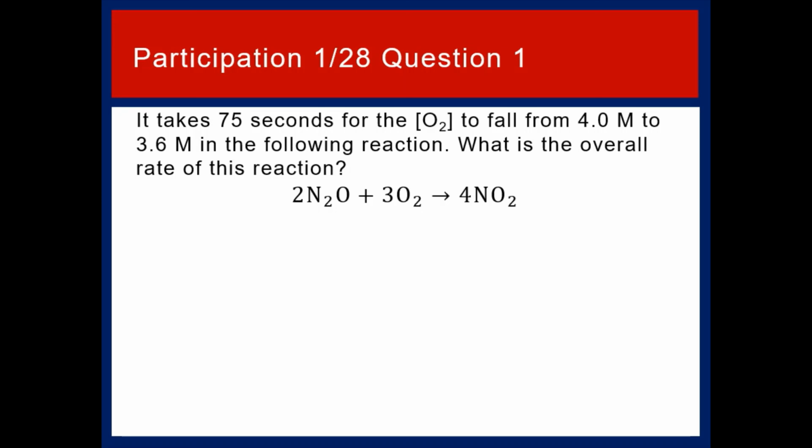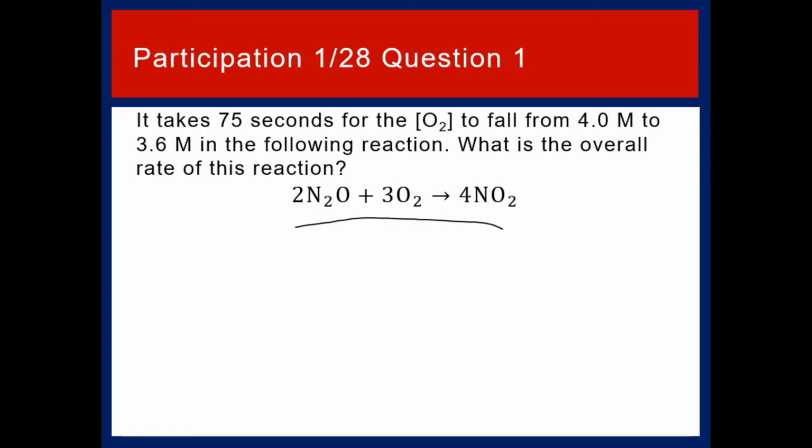Participation 128, question 1. It takes 75 seconds for the concentration of O2 to fall from 4.0 molar to 3.6 molar in the following reaction. What is the overall rate of this reaction? So the reaction is 2N2O plus 3O2 gives you 4NO2.